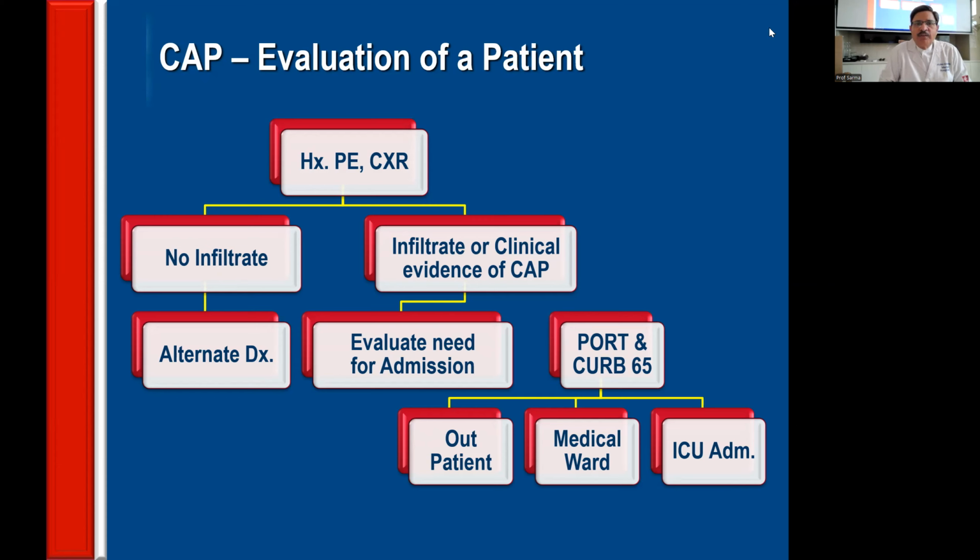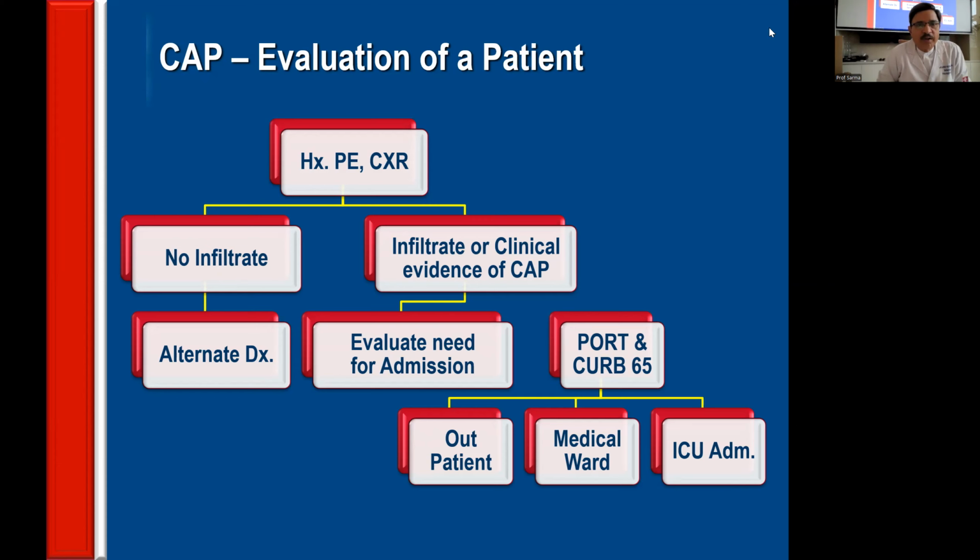History, physical examination, chest X-ray. That is the first level. Then what do you know? There is no infiltrate, or there is an infiltrate, or a clinical evidence of CAP. Sometimes the infiltration can take time to produce an X-ray shadow. If he comes very early, in the first few hours, there may not be an infiltrate, but clinical signs will be there.